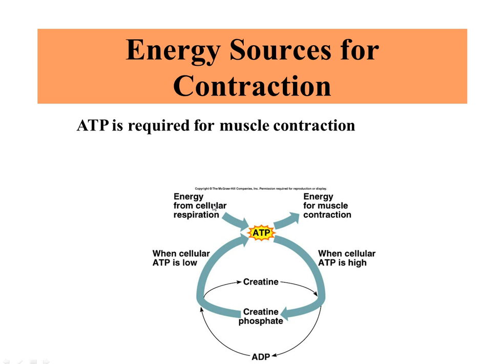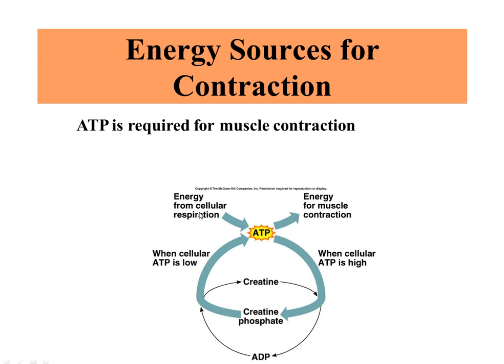Anaerobic respiration is cellular respiration without oxygen. Now, with oxygen, more ATPs are made. So most ATPs are made by aerobic cellular respiration. And this all happens within the mitochondria. Okay? It is the energy for muscle contraction.